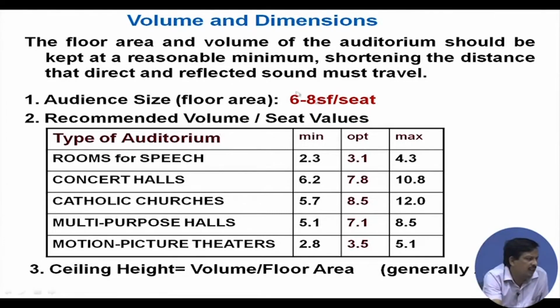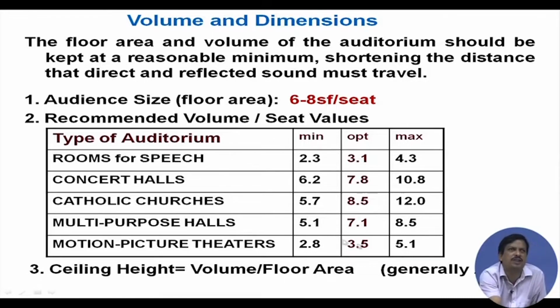So, the thumb rule is that the floor area should be 6 to 8 square feet per seat. If there are 100 seats, then the floor area is 600 to 800 square feet. Okay. Then the recommended volume per seat depends on the type of the auditorium.